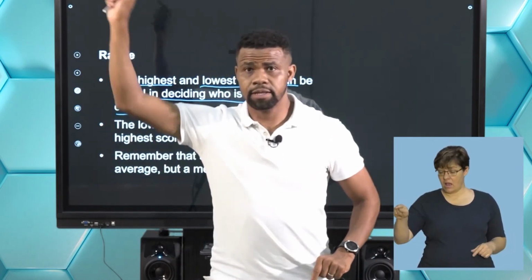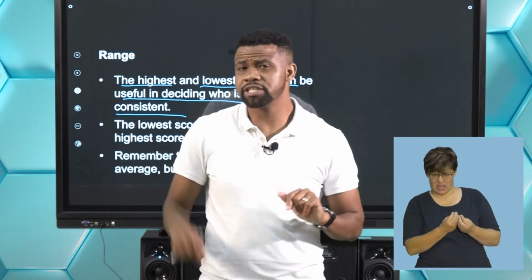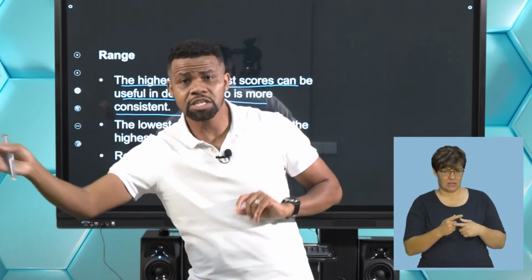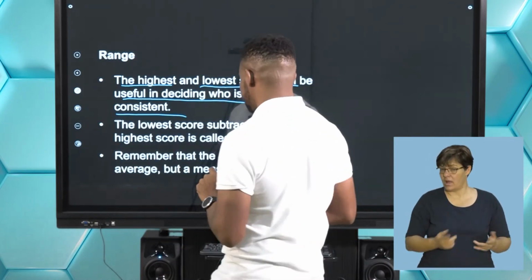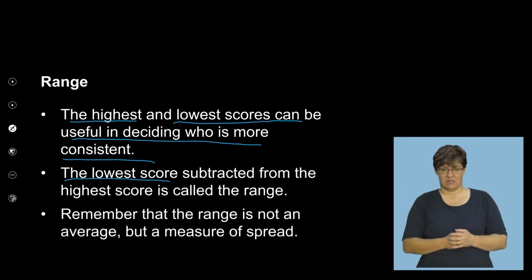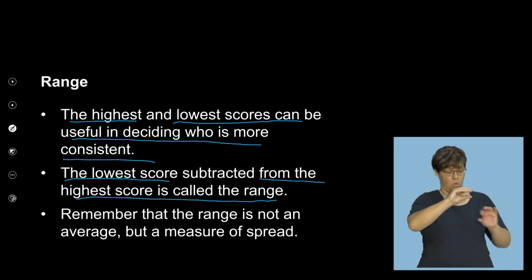If the highest minus the lowest gives a high deviation, there's some inconsistency there. But if the deviation is not that big, there's some consistency in the data. Are we all together? By using range, the lowest score subtracted from the highest score is called the range.